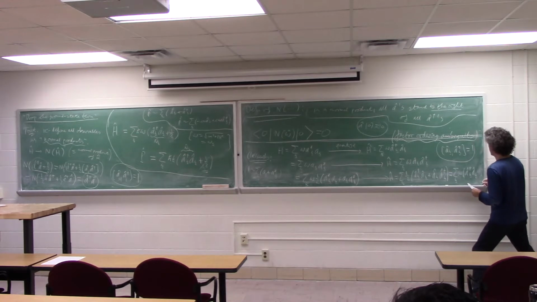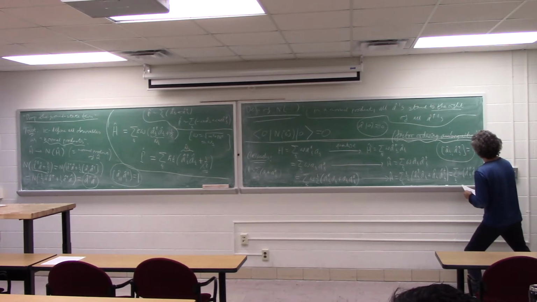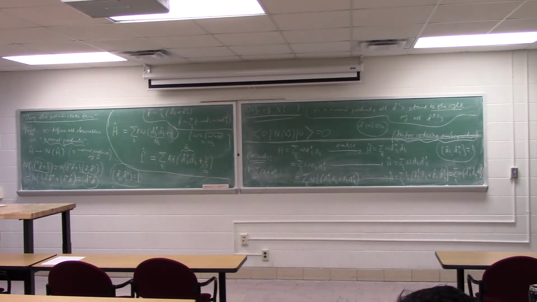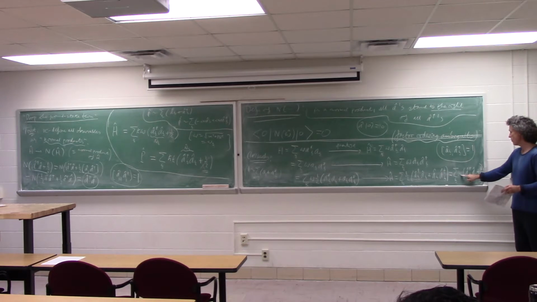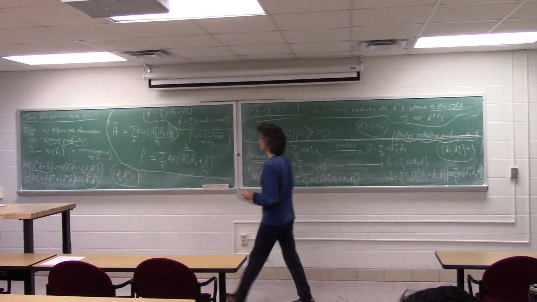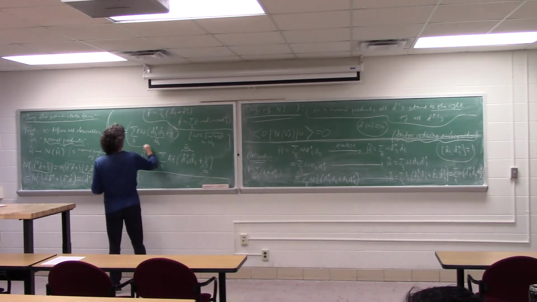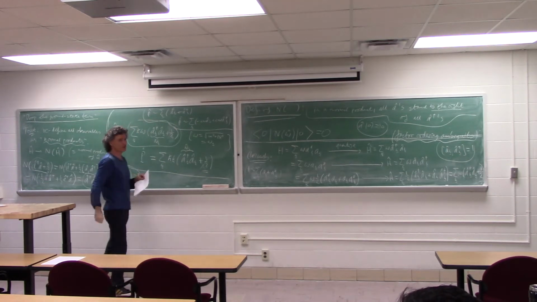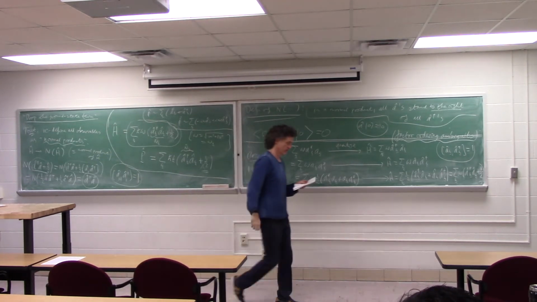So this is sum over k omega A dagger k, A k plus 1/2, which is the original expression that we got by straightforward quantization.